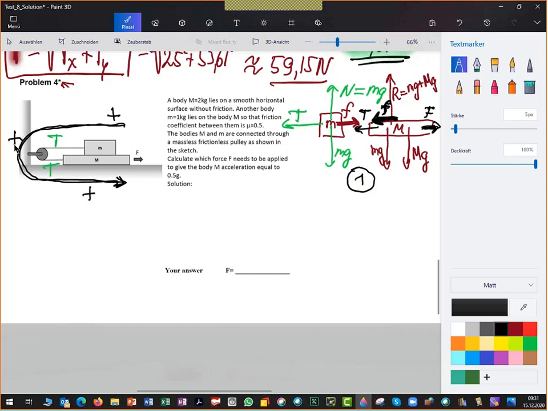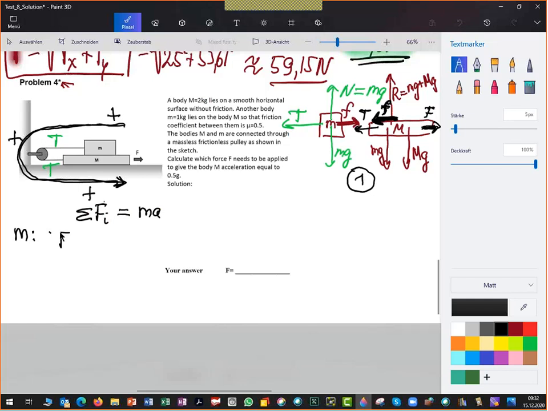Let's do it. For the body m small, how will Newton's second law look? By the way, let me write it again. The sum of all forces acting on this body will produce its acceleration. So what about the smaller body? What acts positively? Tension.